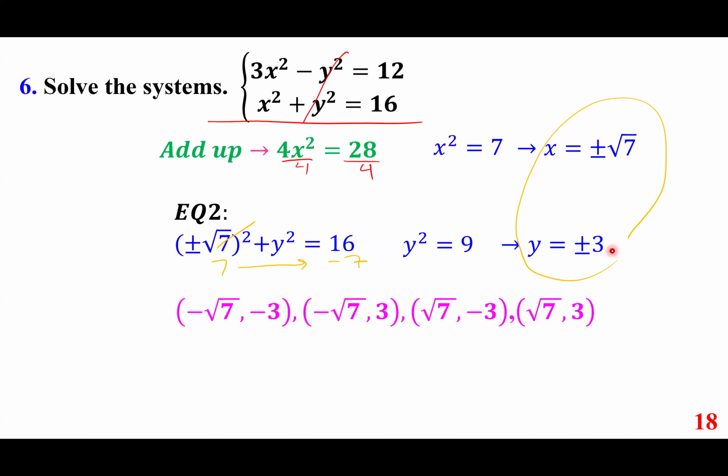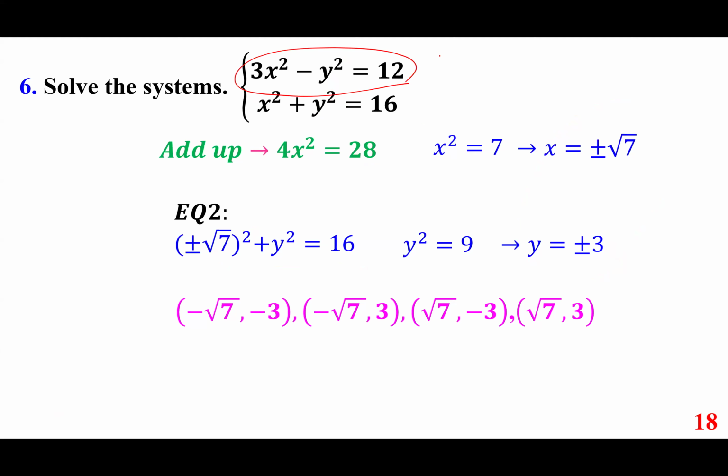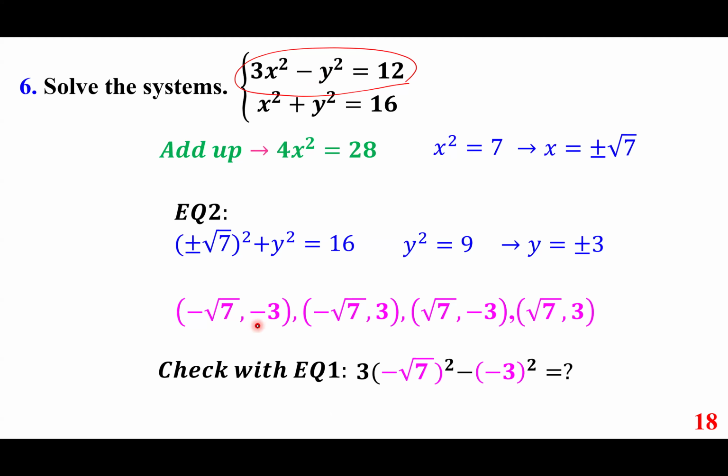And you have to check. Notice, again, we used equation number 2 to get this. Then we don't need to check with equation number 2. Rather, we must check with this one. And so let's plug in. We're going to plug in one of them, and you really have to check all of them. So we're going to put 3 times parentheses minus square root of 7 quantity squared minus y squared. That means negative 3 quantity squared. We put that into the equation.